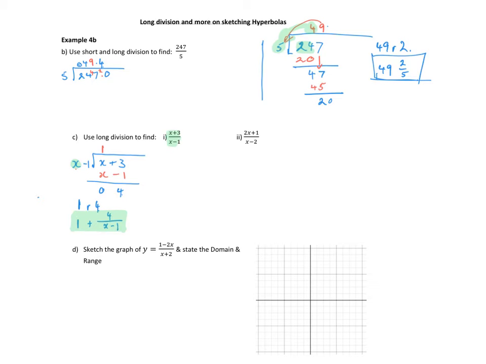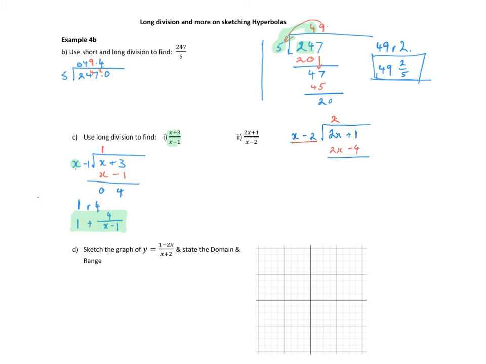If I've got x minus 2 goes into 2x plus 1. All right, question again, what do I multiply x by to get 2x? And the answer is 2. So I've got to multiply everything here. 2 times x is 2x. 2 times negative 2 is negative 4.